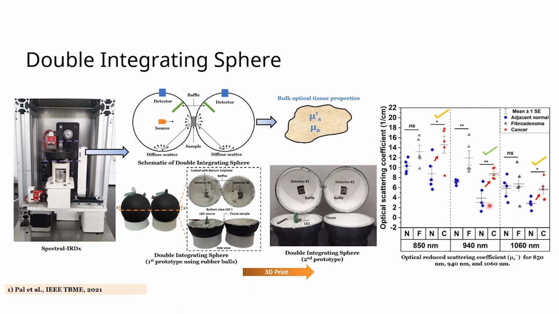We also calculated the scattering coefficient for fibroadenoma tissues and compared it with the normal tissues. Over here you can see that in the fibroadenoma tissues the scattering coefficient was higher as compared to the normal tissues.